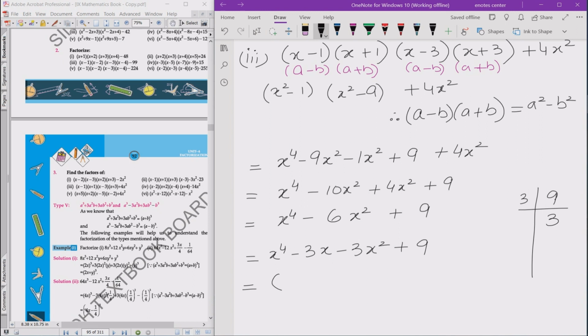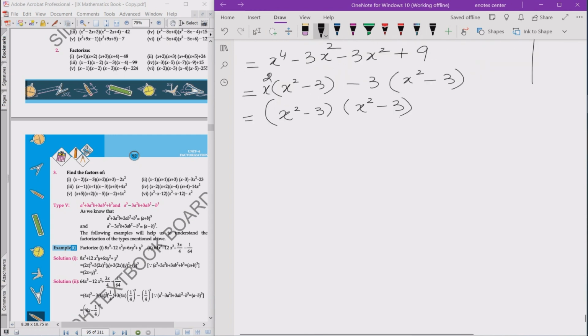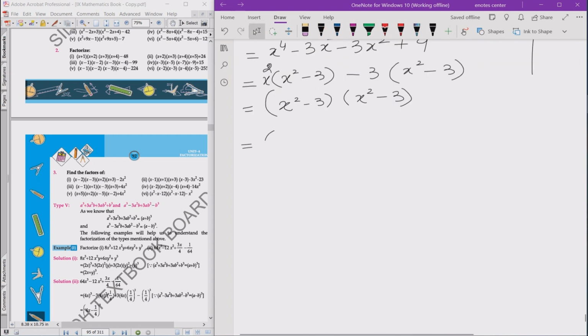We will take common from here. So x square is common, x square minus 3 is remaining, and minus 3 is common, with x square minus 3 common. So here we have x square minus 3, and again we have x square minus 3, right? So if we make the factors of this, first we will write it this way: root 3 whole square.